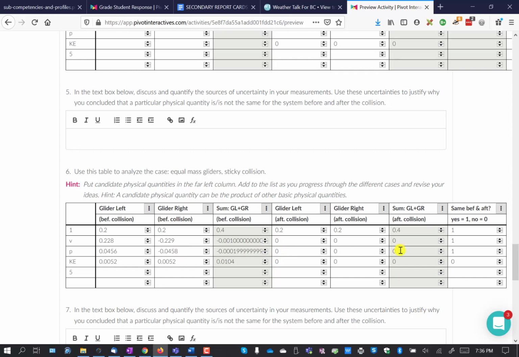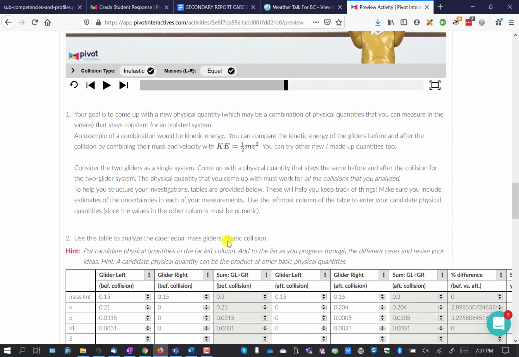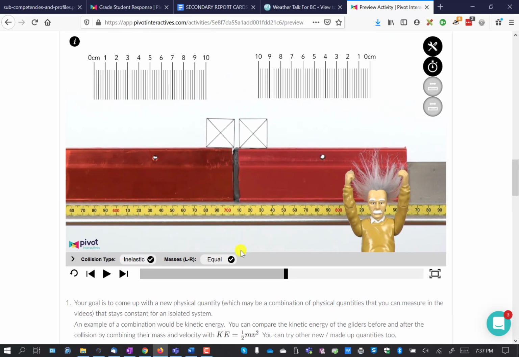They add up to 0, so momentum's conserved. However, the kinetic energy was 0.0052 plus another 0.0052 for a total of 0.0104 joules before. And afterwards, they weren't moving at all, so there's no kinetic energy afterwards. The kinetic energy was not conserved. So that was an inelastic collision. And in fact, we could say it's totally inelastic because they stick together.